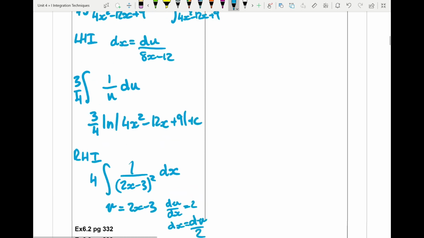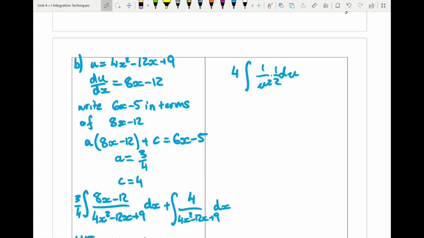So that's where that a half comes from. So what this gives us is 2 times the integral of 1 on v squared dv.